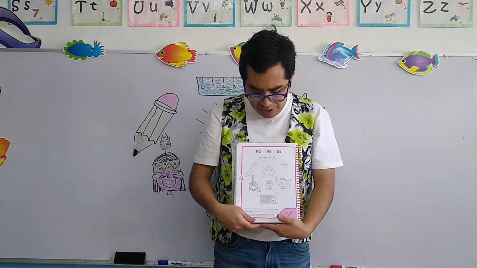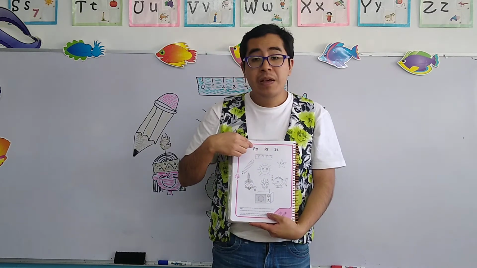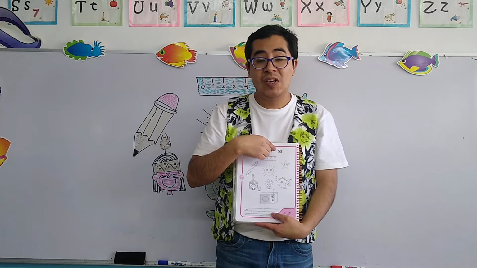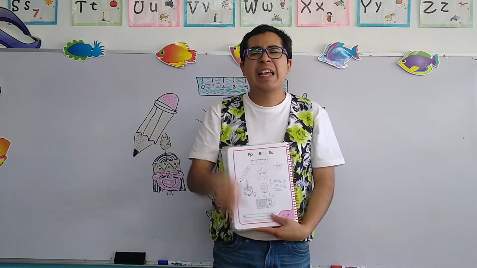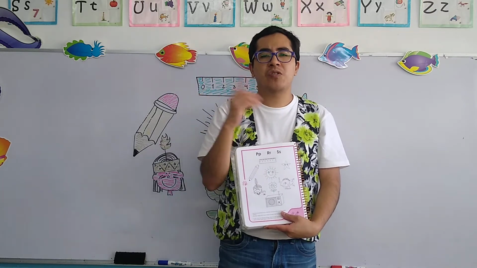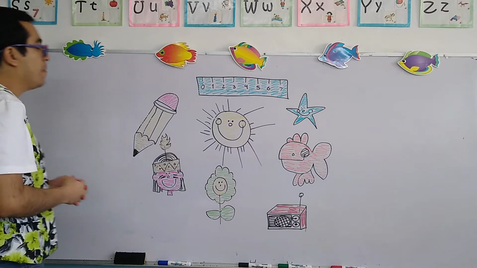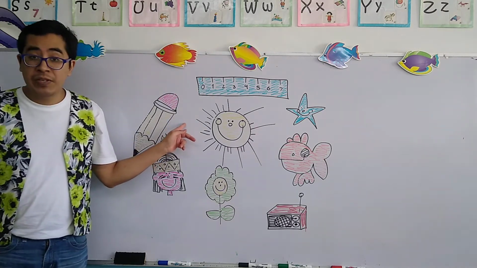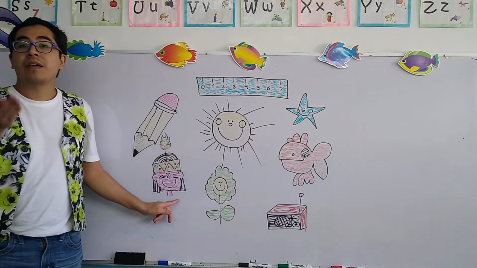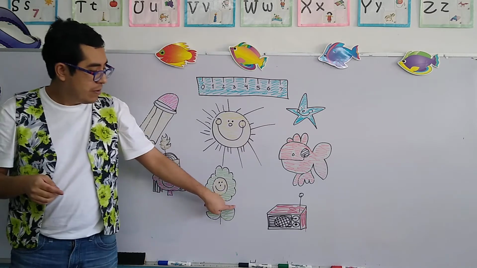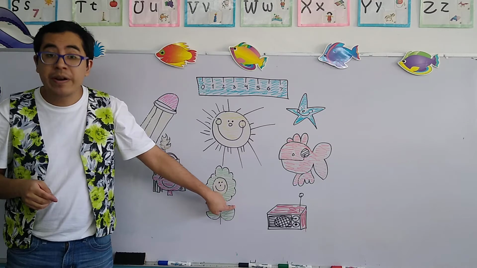So, as you can see here, we have letter P, letter R, and letter S. So, first of all, let's see what objects do we have. So, for this, we have the following objects. We have a pencil, an Indian, very good, continue. A flower, excellent.